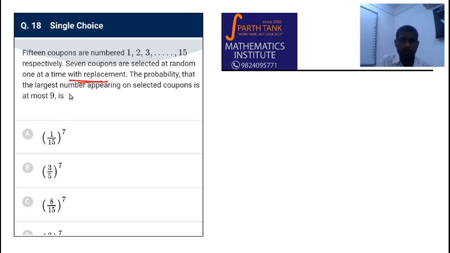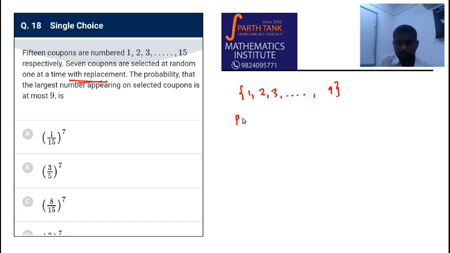The probability that the largest number appearing on selected coupons is at most 9 is, that is, of the numbers that you get in the coupons, the largest number should be 9. That is, the favorable outcomes can be only 1, 2, 3 up to 9. So there are 9 favorable outcomes, totally 15 outcomes.